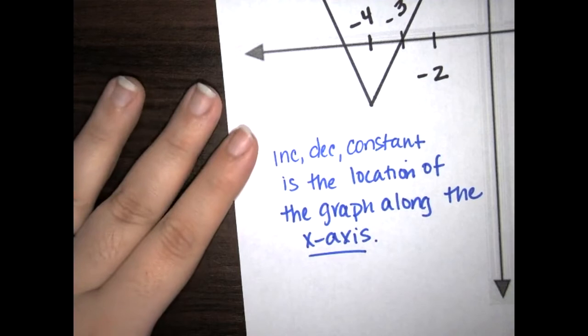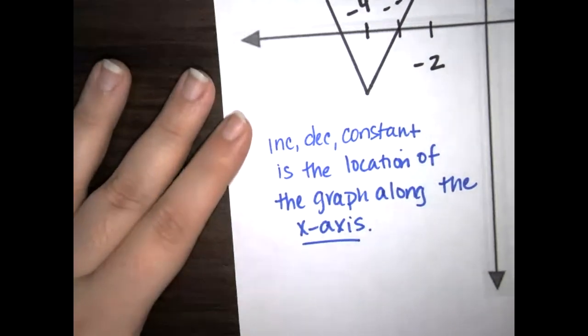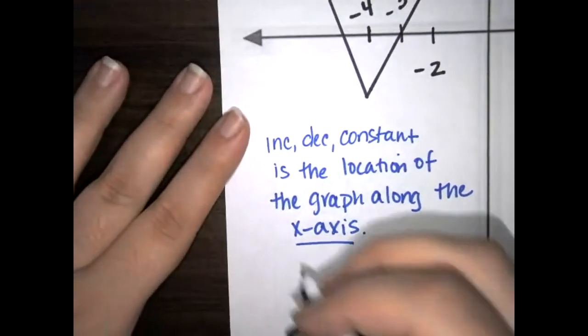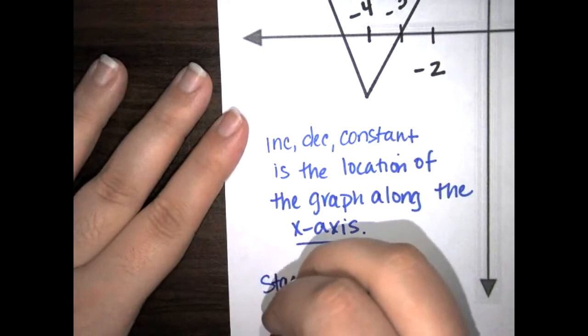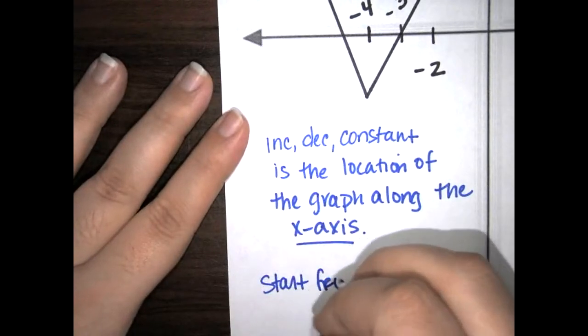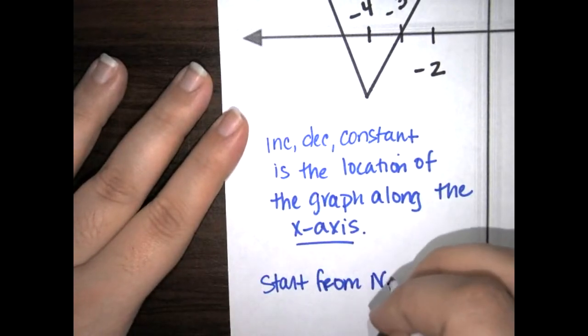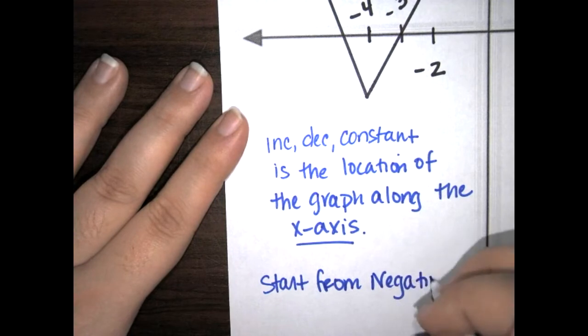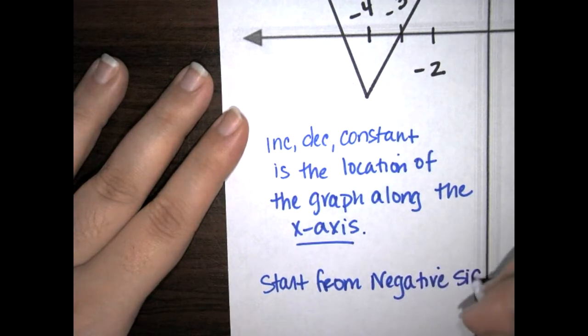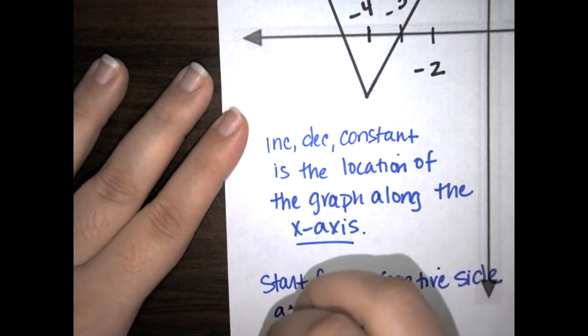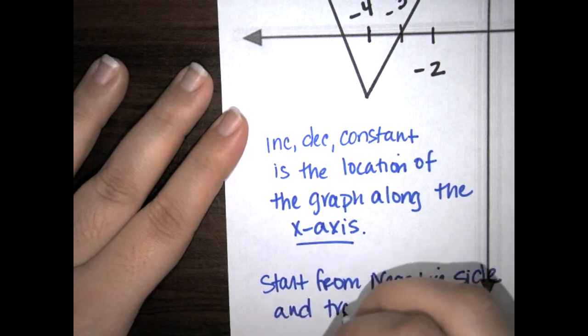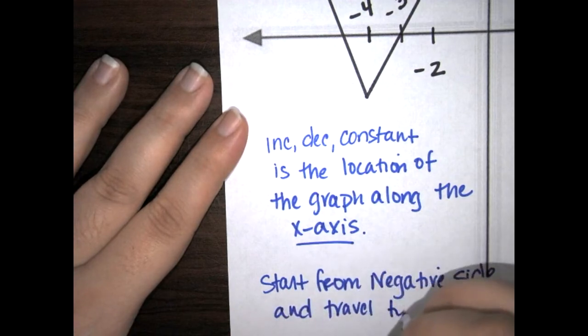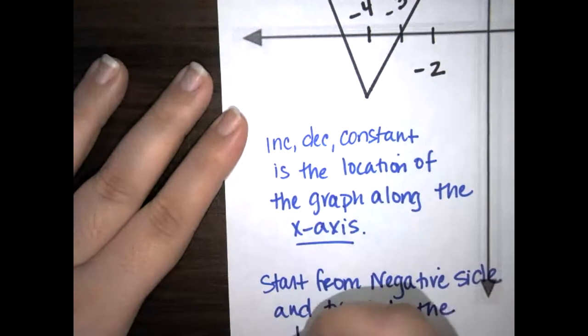Now, the other thing that you have to keep in mind is that you have to start from the negative side and you're going to travel to the positive side.